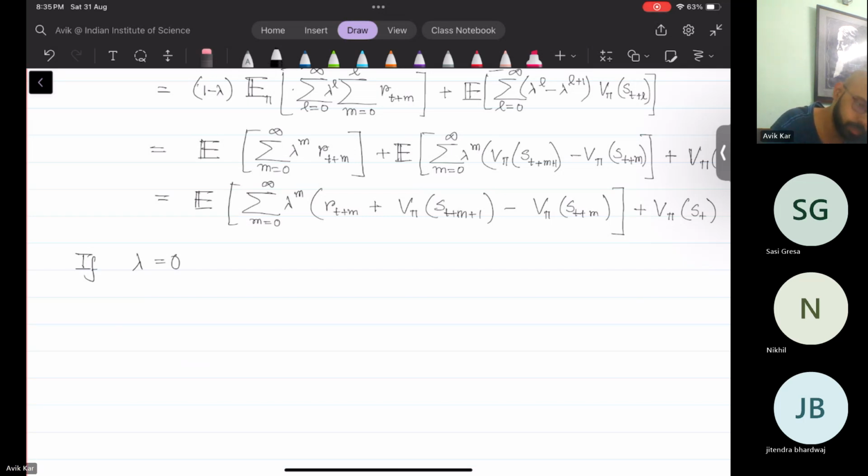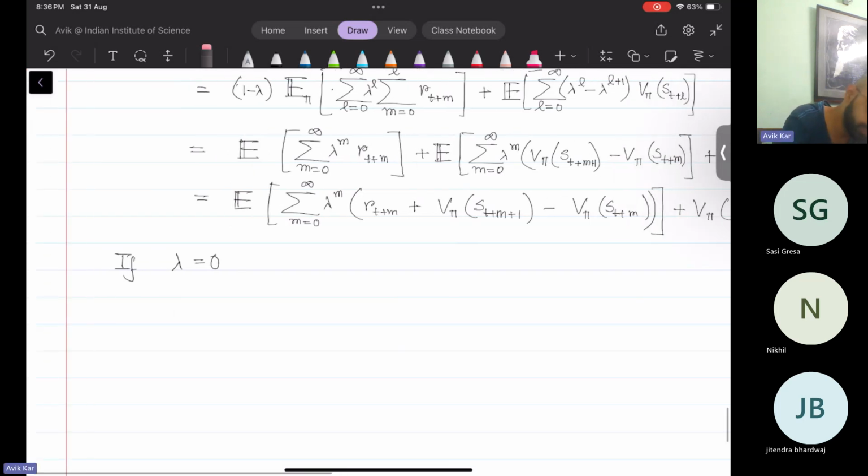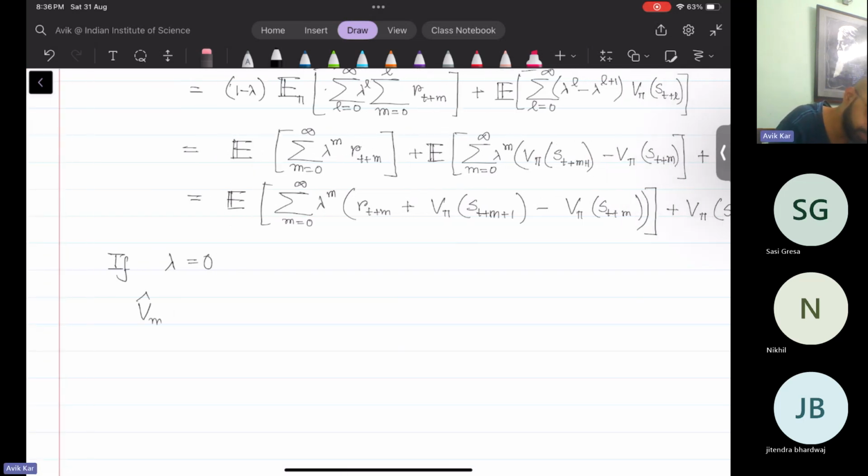We are not worrying about this V pi s_t at all. But for lambda equals 0, this equation we are trying to use to improve the estimate, right? So we had V s_t, we are trying to improve it: we had V s_t plus the expectation of summation m equals 0 to infinity, lambda raised to m, r_{t+m} plus V pi s_{t+m+1} minus V pi s_{t+m}.